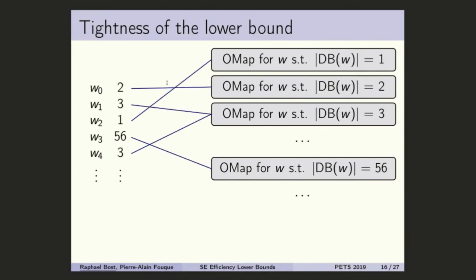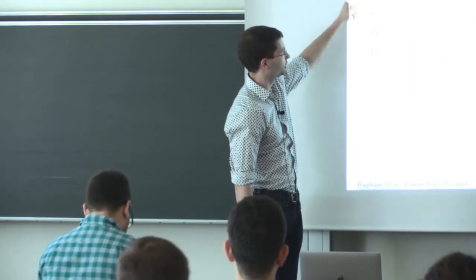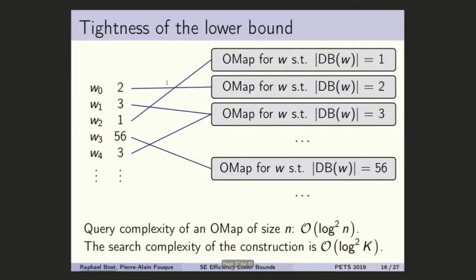If you take an example here, the third one is going to store both W4 and W1 because those 2 keywords have 3 matches. And the point is that the complexity of an oblivious map of size n is log square of n. So in the end, the search complexity of the construction is log square of k, because if we store the number of matches on the client side, we're going to know which oblivious map to access when we search a specific keyword.